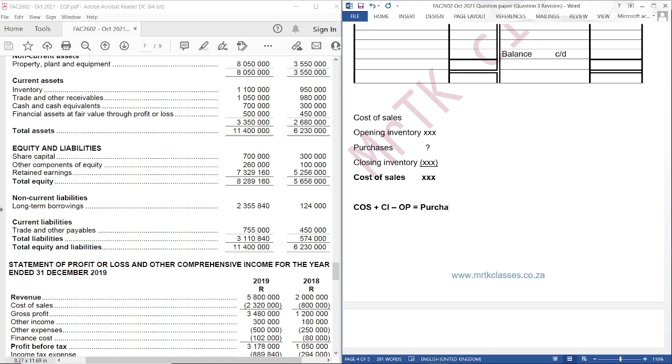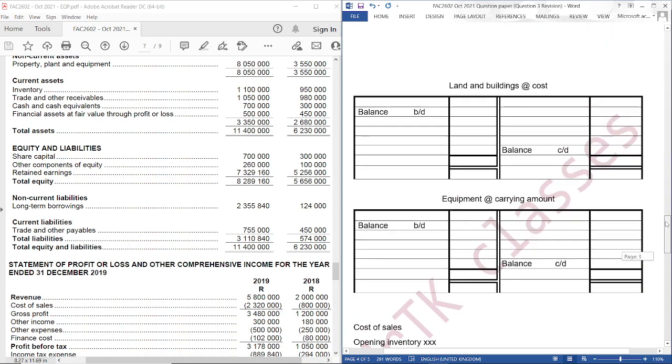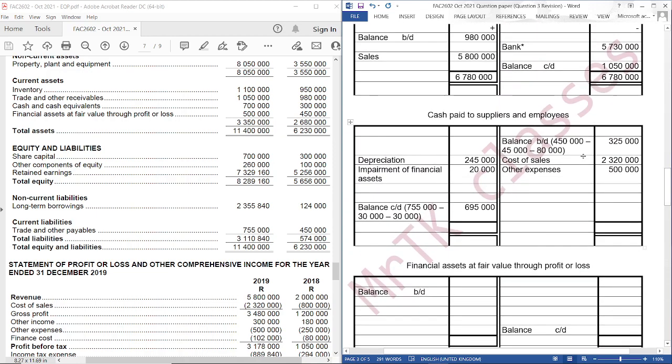is equals to purchases, right? Is equals to purchases. So we need to do this calculation inside that ledger account, which means that we are adding closing inventory, we are subtracting opening inventory. So cost of sales is this side.